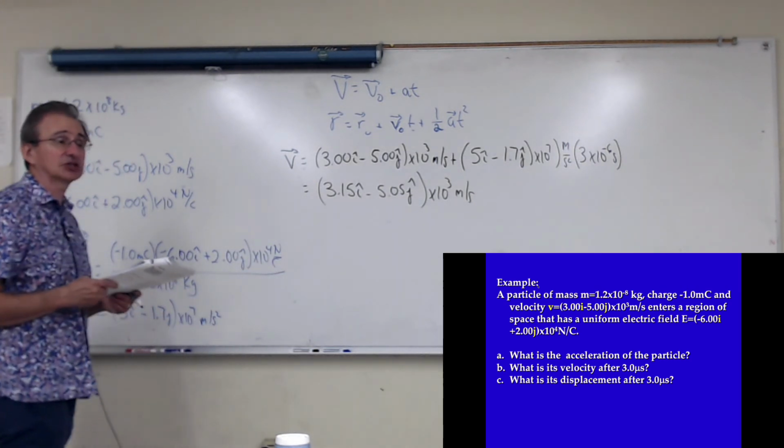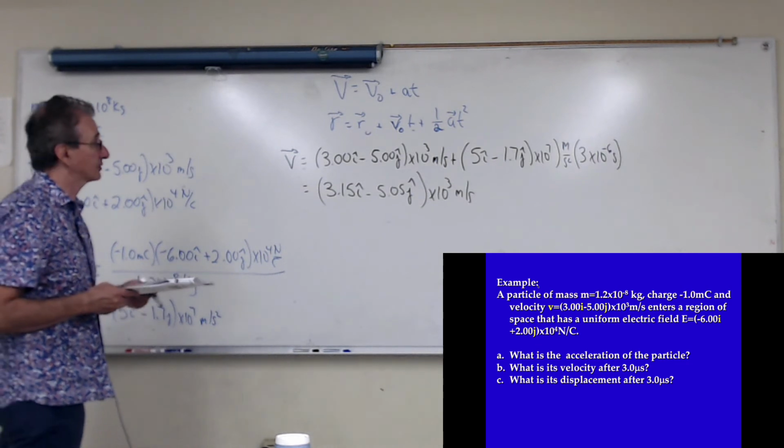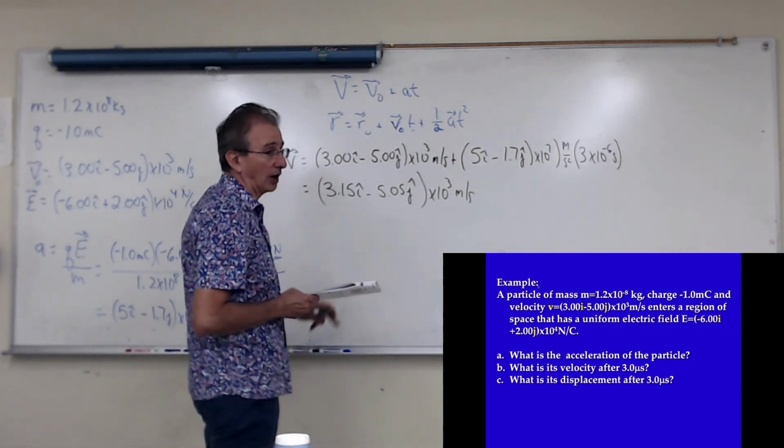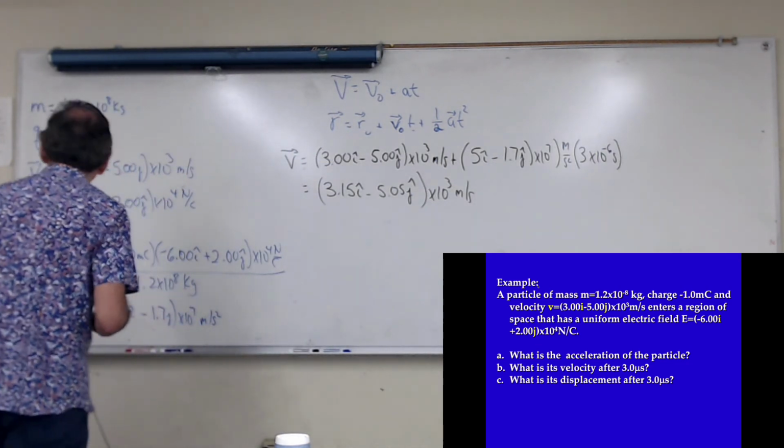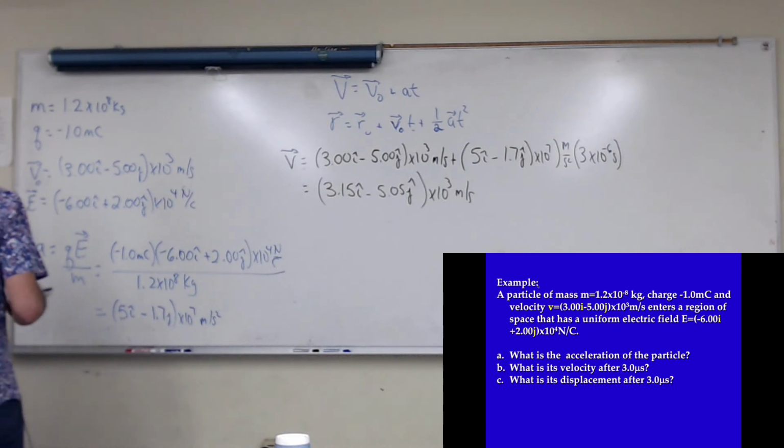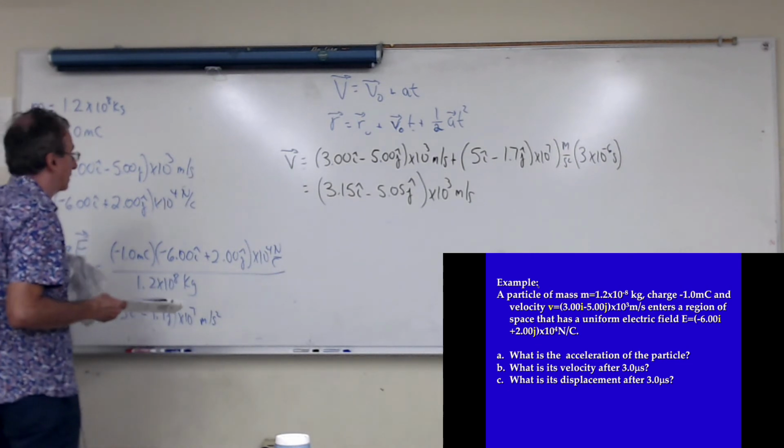Then it says, what is the displacement after 3 microseconds? It wants R minus R naught. Well, that's easy. I just got to plug numbers into the equation. It's a plug and chug problem. I'm going to have to erase here.